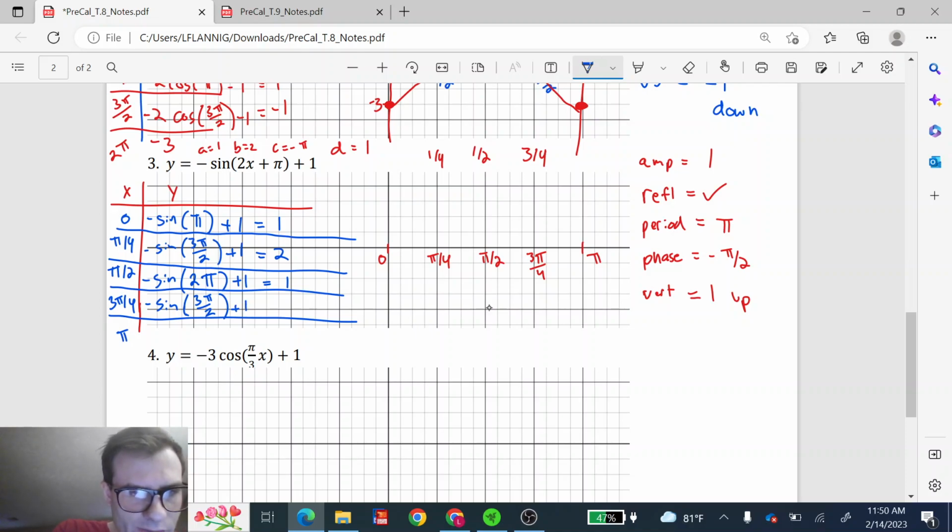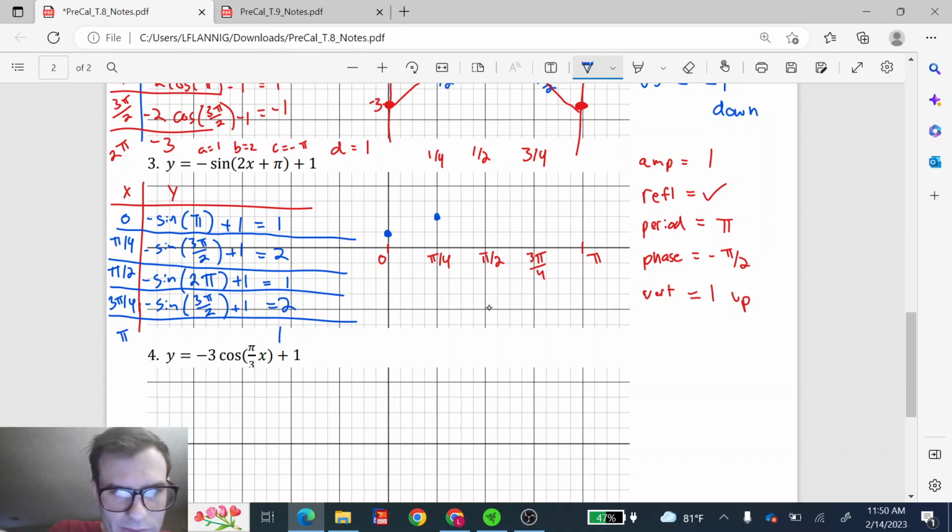So that's negative 1 for sine 3 pi over 2, and then times negative is positive 1, so 1 plus 1 is 2. And last but not least, this ends up being 1 again. So we can see 0, 1, pi over 4, 2.